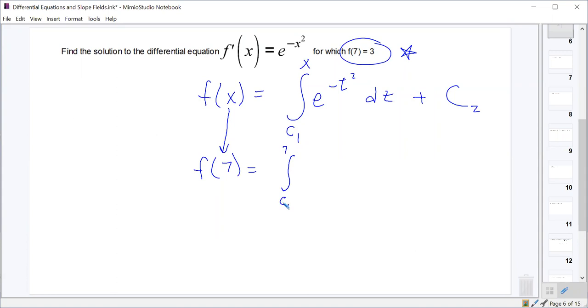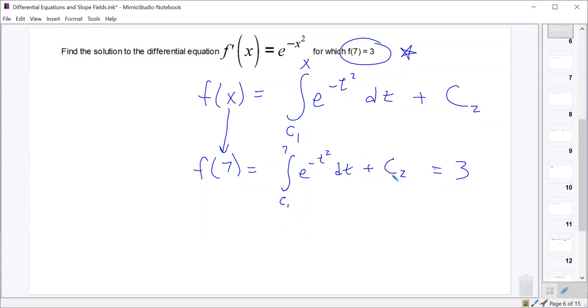So this would become the integral from constant 1 to 7 of e to the negative t squared dt plus some other constant. Well, we know that this, when x is 7, needs to equal what? 3. Okay.